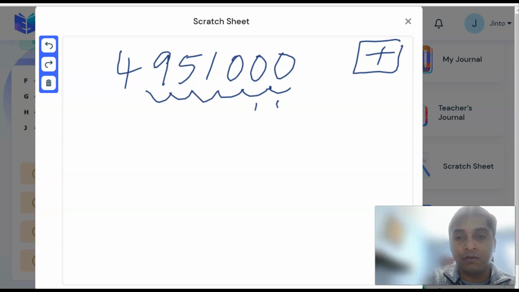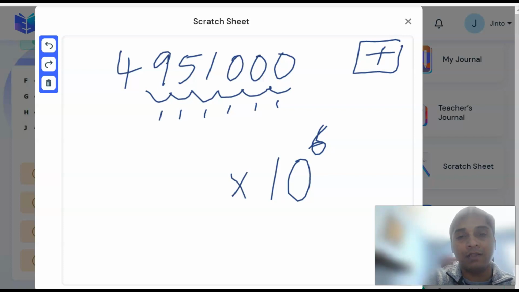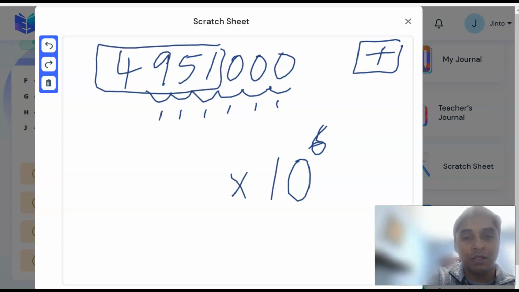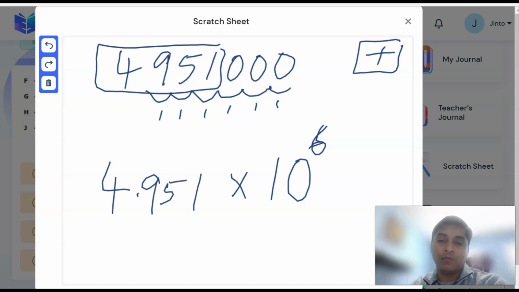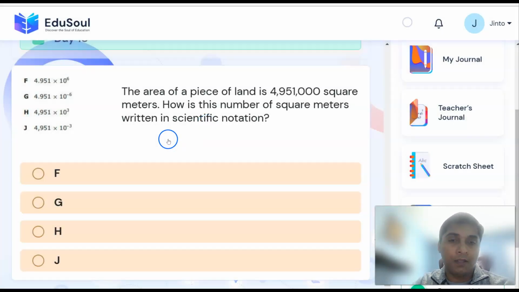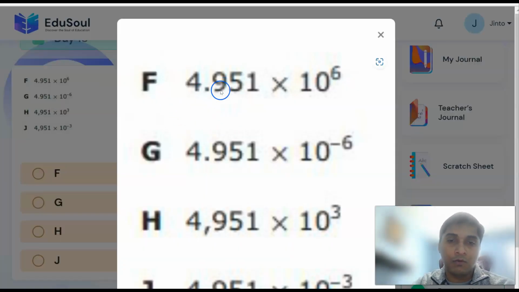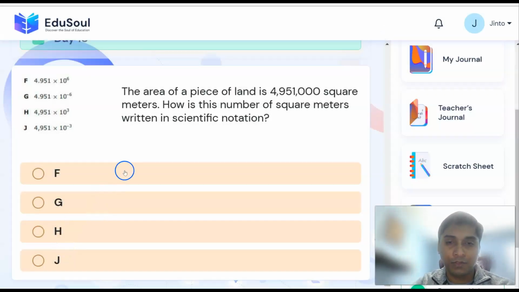So 10 to the power of 6 is your answer. Now we have to write this number. We are taking only this much: 4.951 times 10 to the power of 6. That's how you write that one, because it's a value more than one, so a positive exponent, and then we can select one of those options. 4.951 times 10 to the power of 6. F is the answer. Okay, thank you.